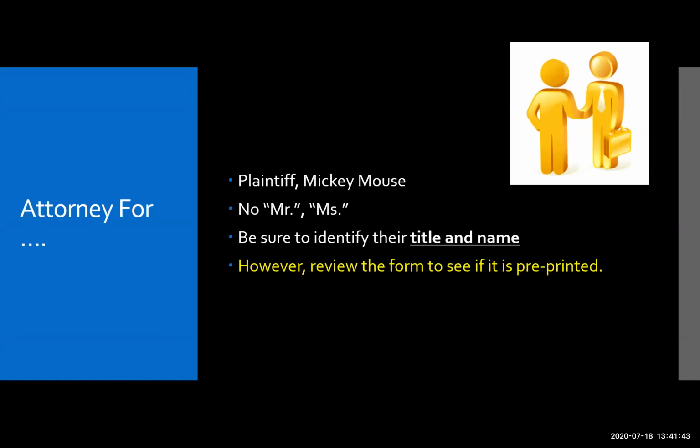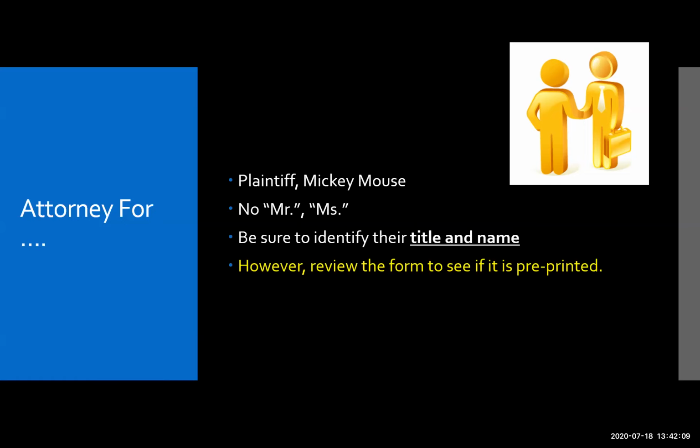Now, who are you the attorney for? Our rule here is that we need name and title. So what does that mean? Look at the first bullet point there. It doesn't just say plaintiff, and it doesn't just say Mickey Mouse.